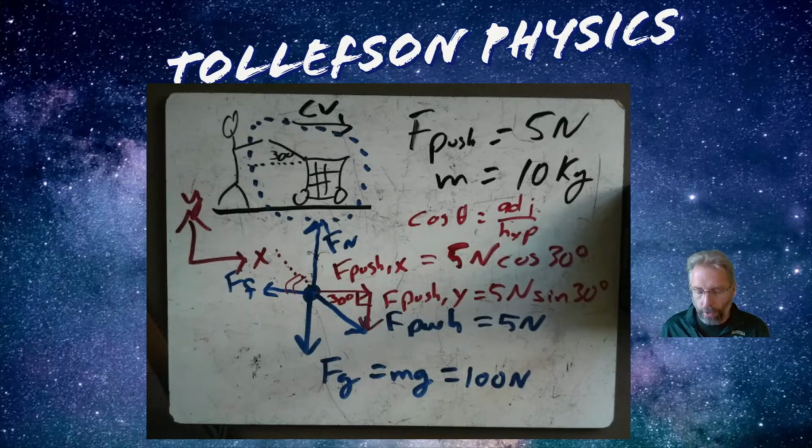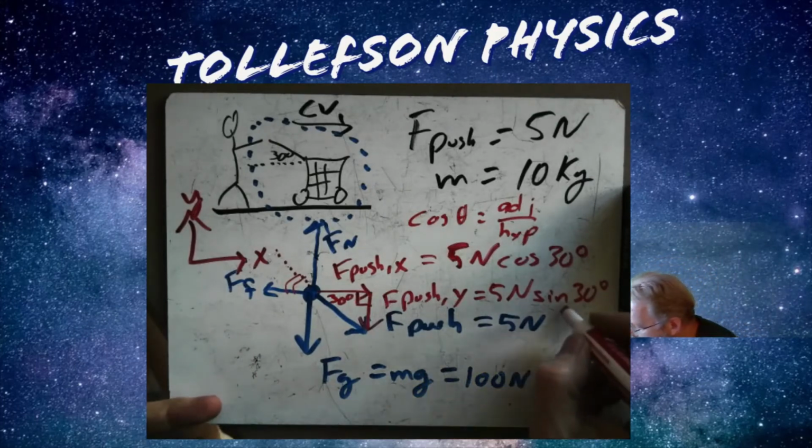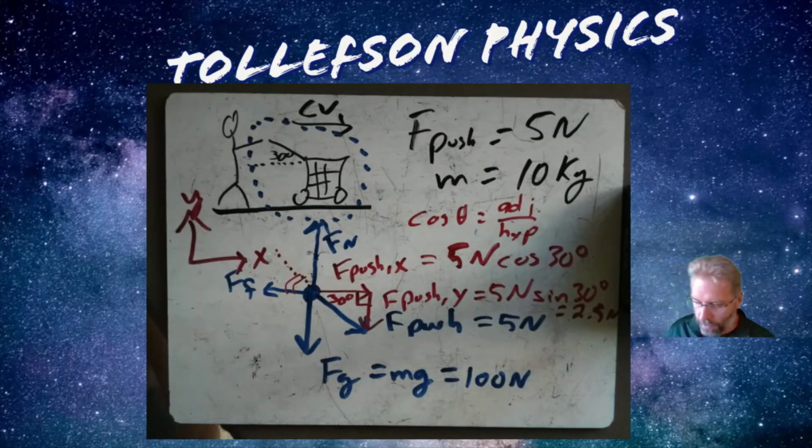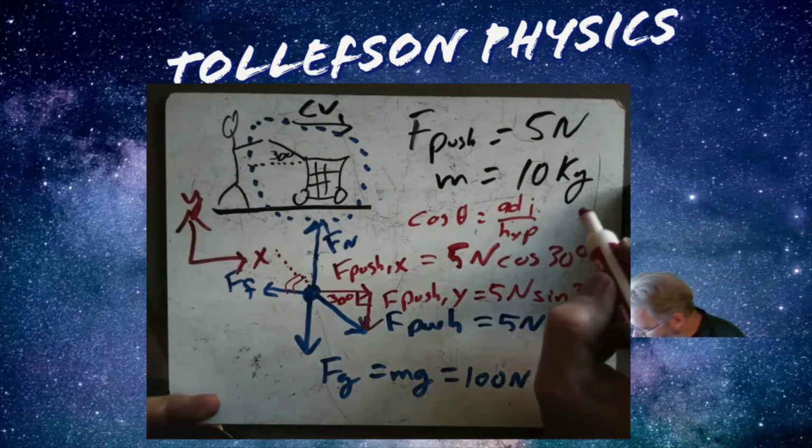When you use radians in another class, you got to change it for this class. So it depends on what's being given to you. So sine of 30 is half, so technically that equals 2.5 newtons. And then cosine of 30 times 5 is 4.3.